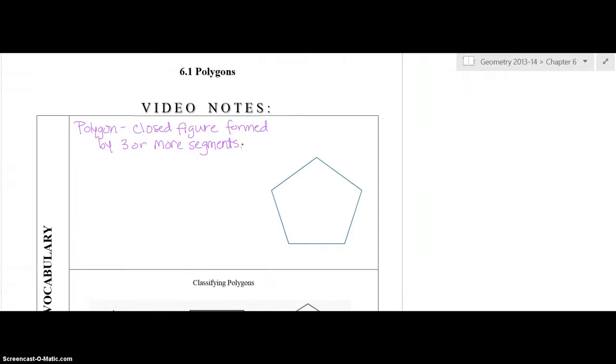Okay, so below we have a polygon that has 5 sides. If we label this polygon A, B, C, D, and E, A, B, C, D, and E are the vertices.